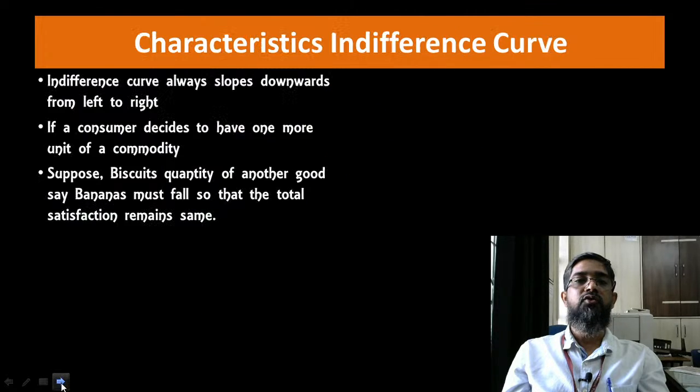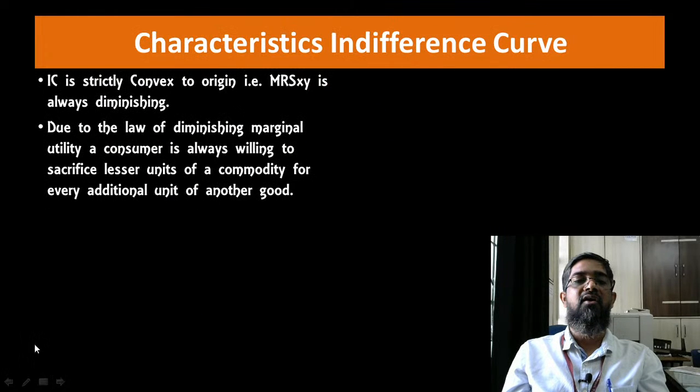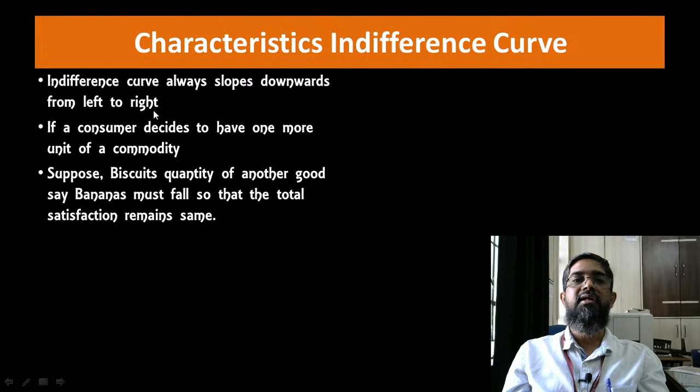Now moving on to the characteristics of indifference curve. Quickly see, the first characteristic is that an indifference curve always slopes downward from left to right. Why? Because if a consumer decides to have one more unit of a commodity, say biscuits, as I have taken in the previous example, the quantity of banana must fall, right?